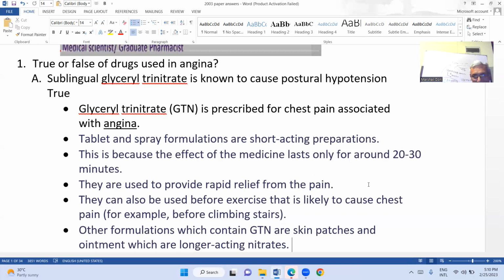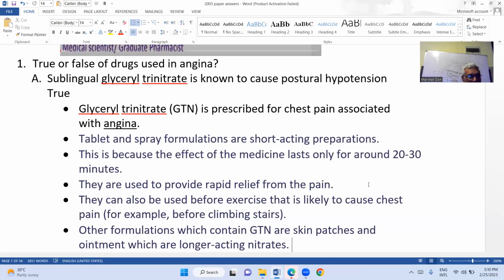Why is it given? It is given when a patient has chest pain, they have to take glyceryl trinitrate if they are anginal patients. It is given for anginal pain. Anginal pain is when the blood vessels are blocked with something like cholesterol or atherosclerosis.